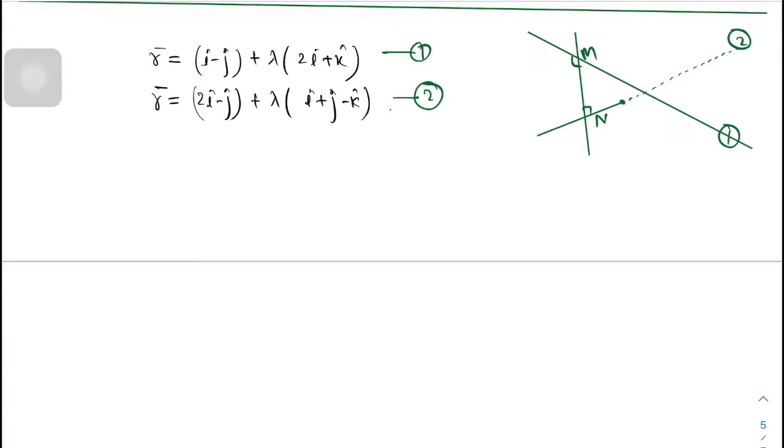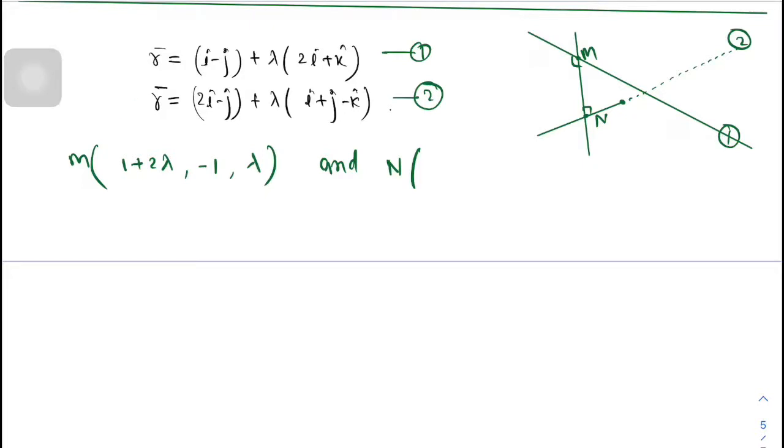Without writing the Cartesian form, we can also write any point on the lines. On the first line there is a point M. I can take this M as (1 plus 2 lambda, minus 1, lambda), and I am taking point N on line 2.